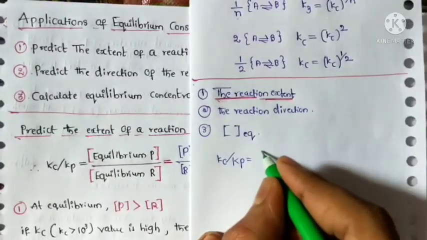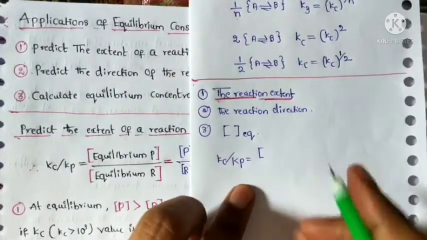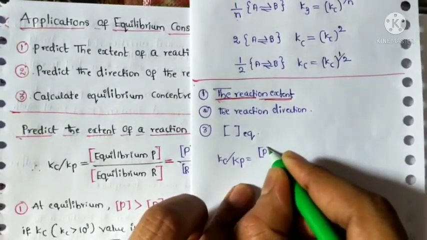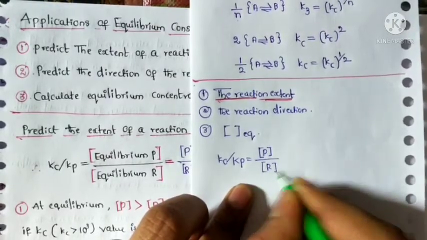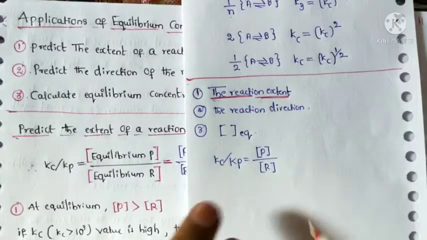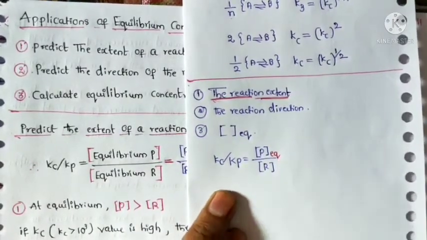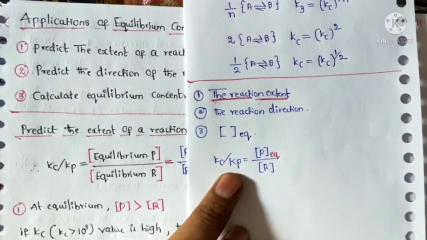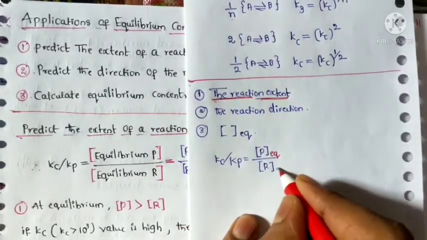What is the equilibrium constant expression? The concentration of products divided by the concentration of reactants. But it is very important that we can express the equilibrium constant for a reaction only when the reaction is at equilibrium.